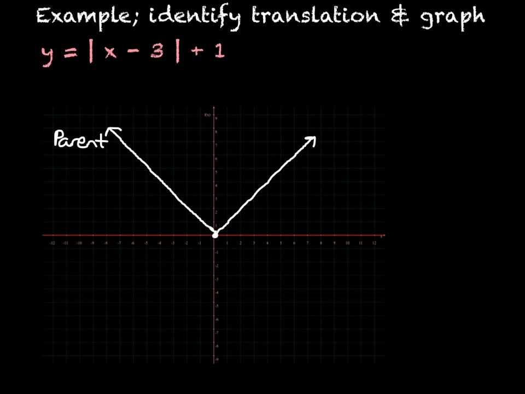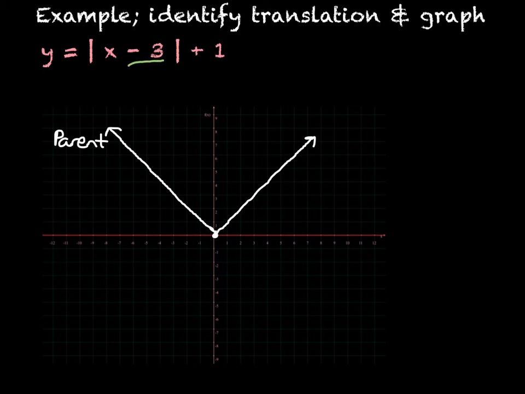So for this last one, we have our parent function graphed already, and we are looking to graph y equals the absolute value of x minus 3, all under the absolute value, plus 1.